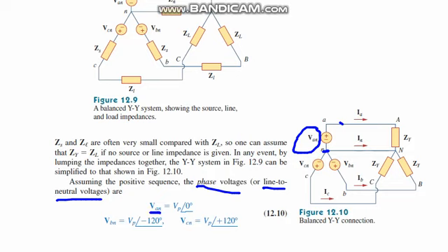So VAN is VP at 0 degrees. As it is positive sequence, VBN will be at minus 120 degrees and VCN will be at plus 120 degrees, assuming the positive sequence.